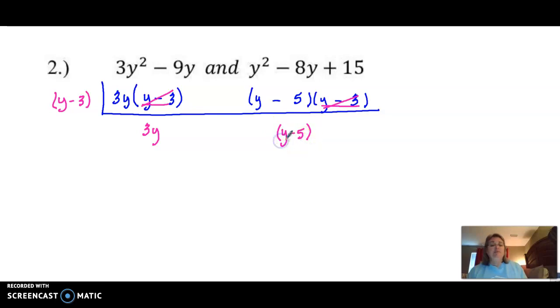Notice I'm wrapping these in parentheses to remind us that is a quantity. You can't break that apart. At this step, we don't have a common y anymore because this y has the 5 attached to it, and it has to. So those are my least common multiple. Remember, we multiply all those together. We will have 3y times y minus 3 times y minus 5.